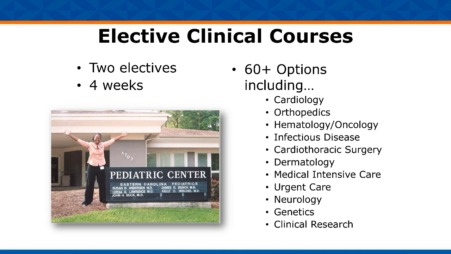And our program is able to offer a variety of exciting electives, over 60 options and growing, from things that are common in terms of medical and surgical subspecialties like cardiology and orthopedics and hematology, oncology, to things that are unique and special to Duke, opportunities in genetics or clinical research or pediatric CT surgery, as well as a variety of medical, pediatric, and surgical subspecialties throughout the medical center.